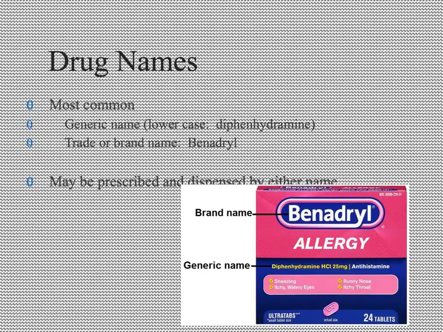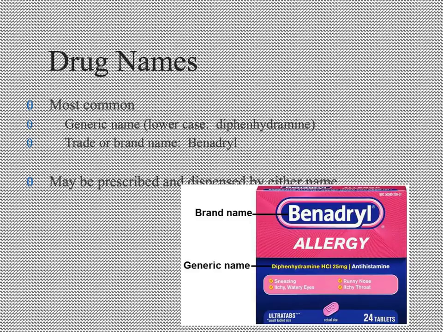Oftentimes, the generic name will be seen in lowercase. The generic name often indicates the drug group. So, for example, drugs with generic names ending in "cillin" are related to the penicillins.